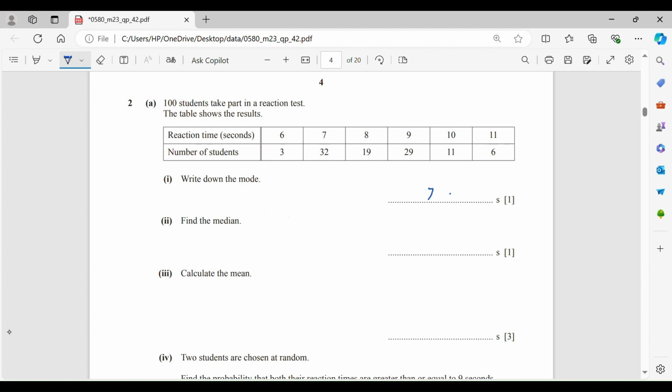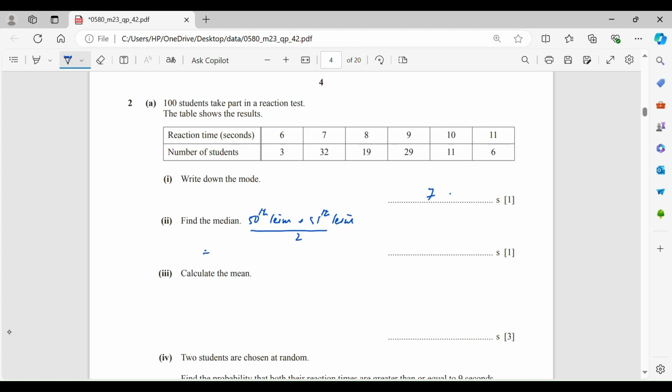Right. Next part. Second part. Find the median. Median is the middle term. So 100 is an even number. So we have the 50th term plus 51st term over 2.